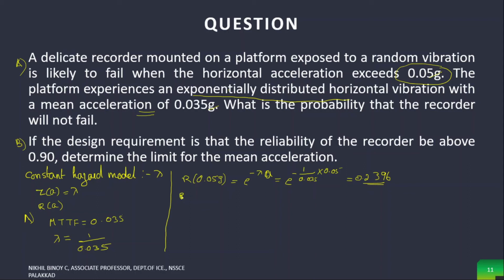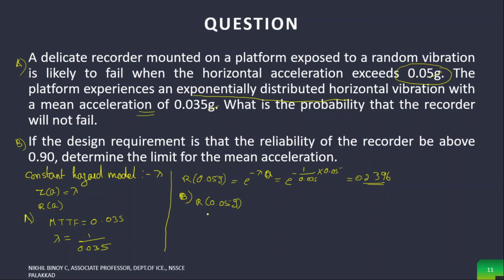In the second part, if the design requirement is that the reliability of the recorder be above 0.9, determine the limit for the mean acceleration. Again, it is corresponding to 0.05 G. The required reliability corresponding to 0.05 G is given.